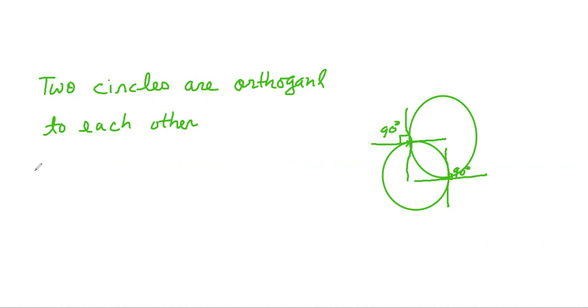So what is the condition? Two circles are orthogonal to each other if and only if, first you write down the circle equations S1 and S2.